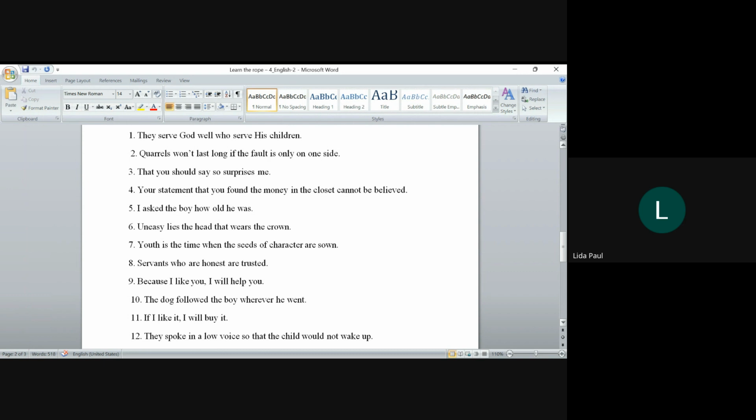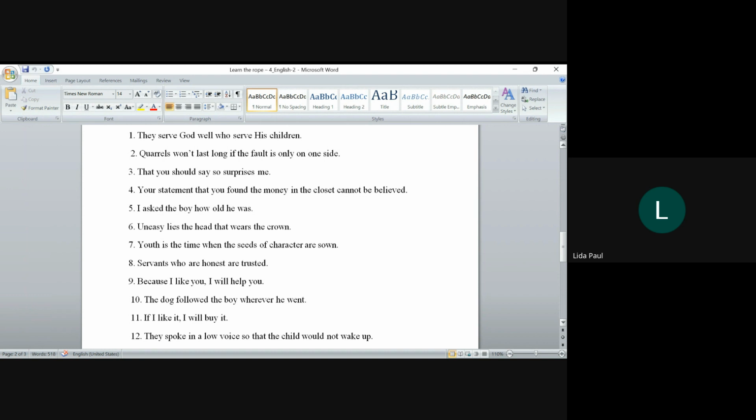Okay, the next one, fifth one: I asked the boy how old he was. How old he was, ma'am? Correct. And what kind of subordinate clause? Noun. Yes, correct. How old he was would be a nominal thing, right?